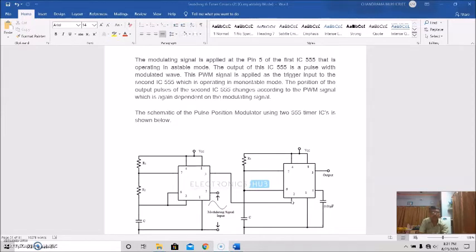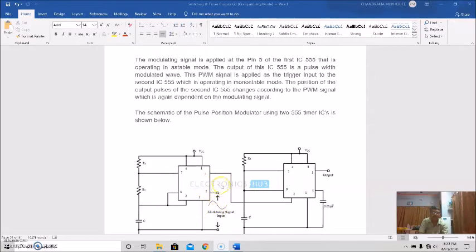I told you earlier, at the very beginning of this discussion, that the position of the output pulses of the second IC 555 timer changes according to this PWM signal, the pulse width modulation signal, which is again dependent on the modulating signal.